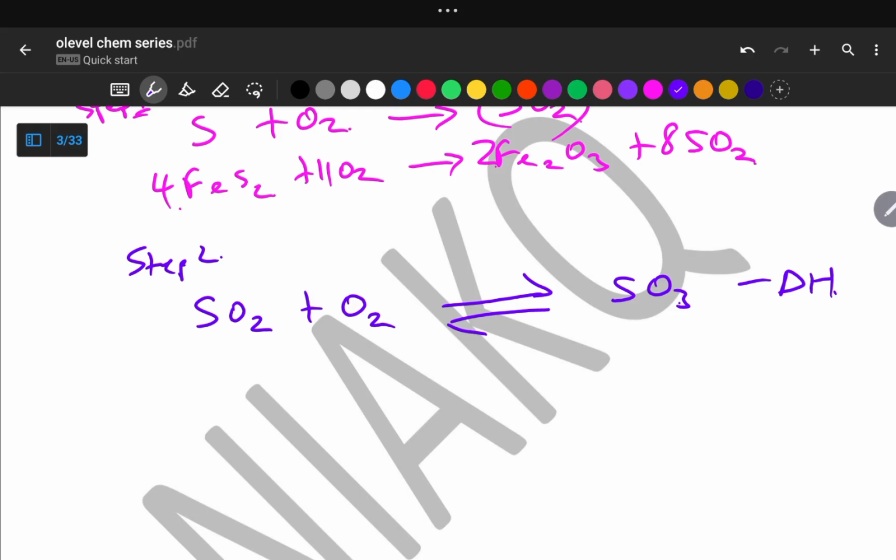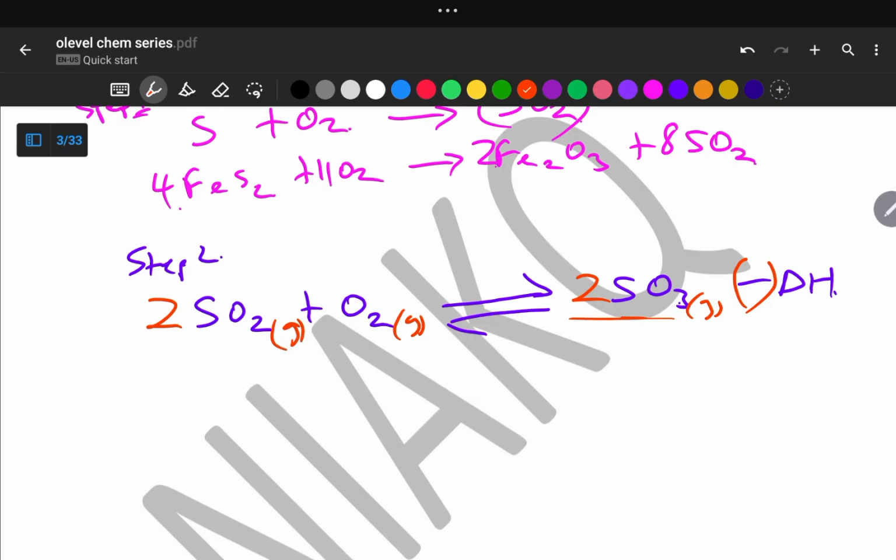To balance this equation, we have a 2 here and a 2 there. This reaction is exothermic, meaning it is producing heat to the surroundings. So for us to increase the concentration of the product, we are going to use compromised conditions.